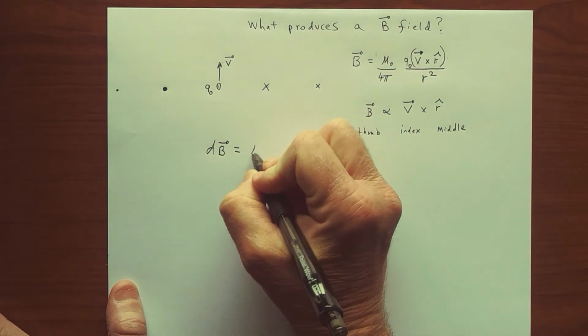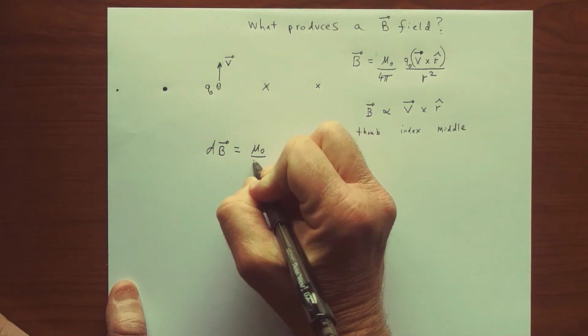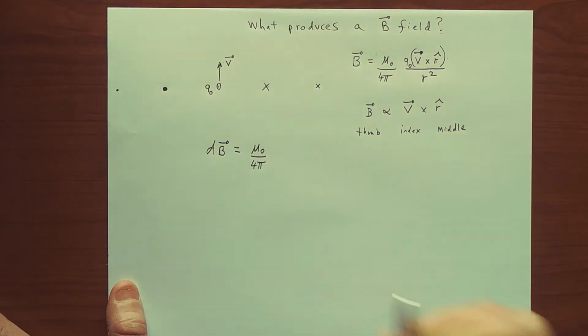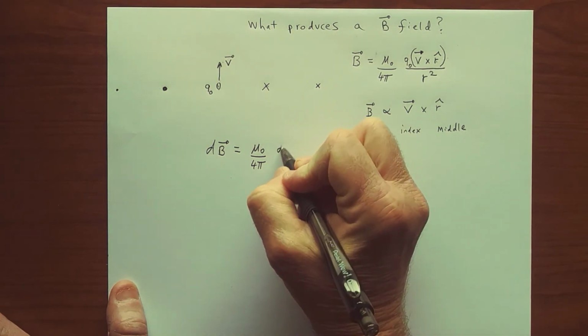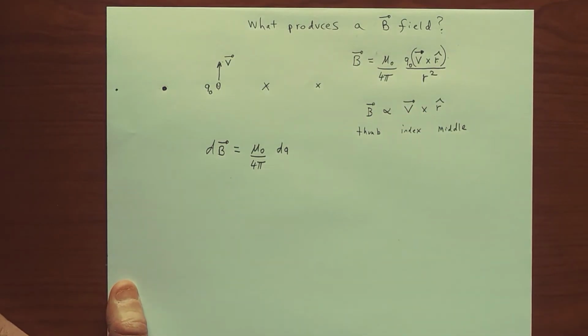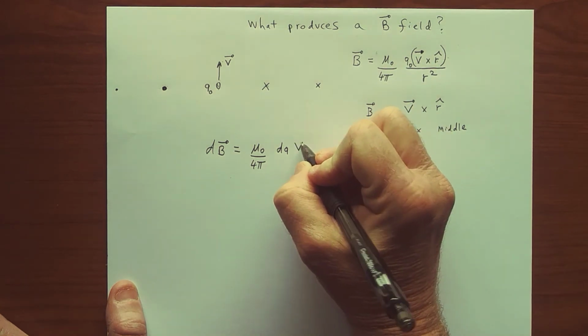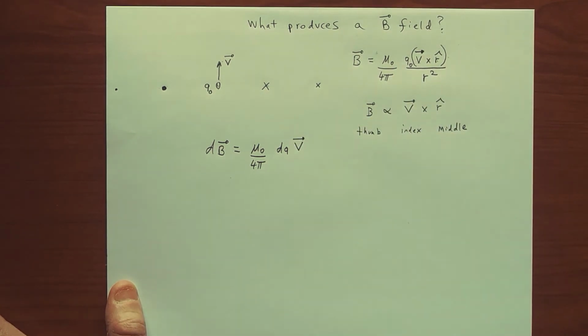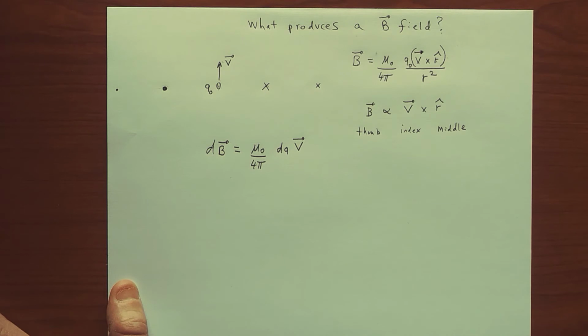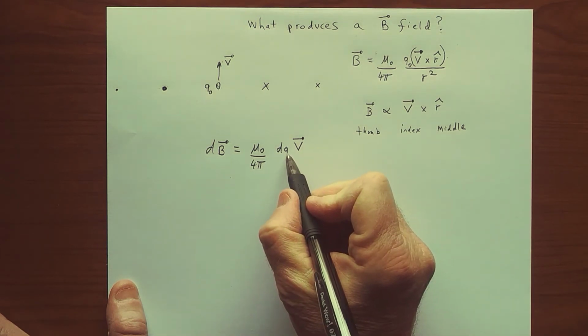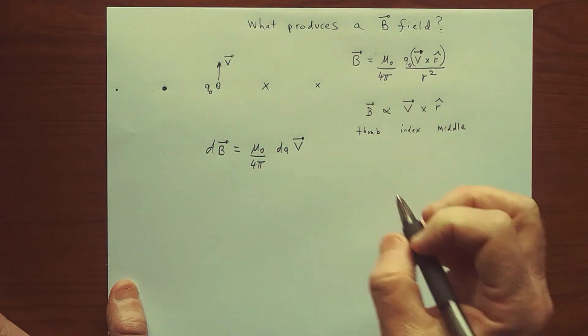And so let's consider the tiny little field, the infinitesimal magnetic field dB, produced by a tiny little charge in motion, dq, just like we considered the tiny little electric field dE produced by a tiny little bit of charge, dq.